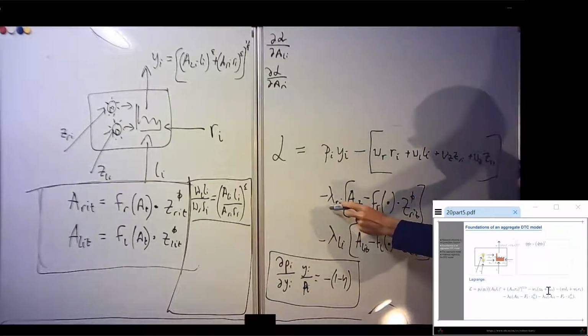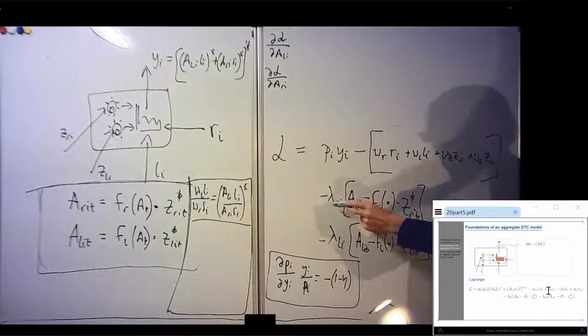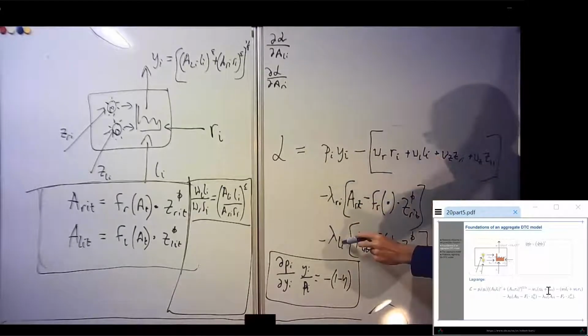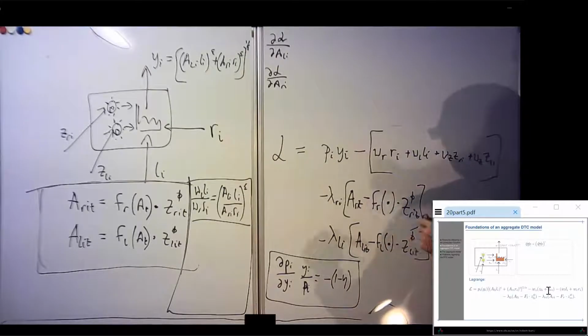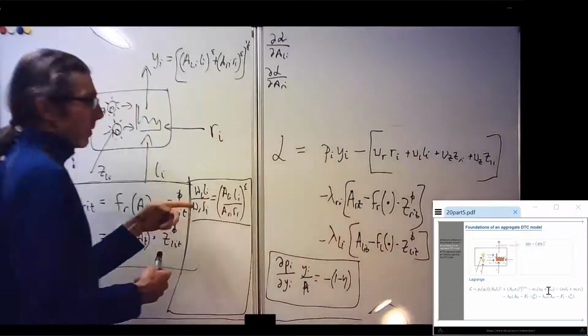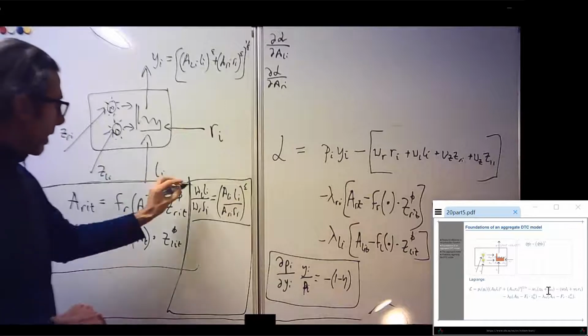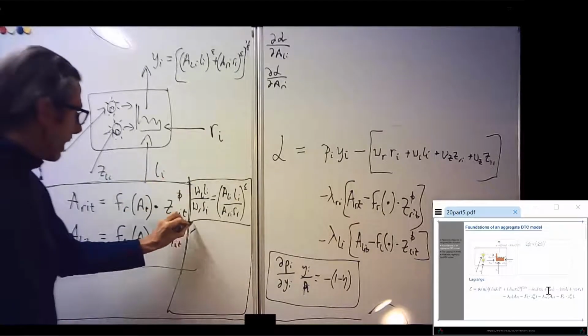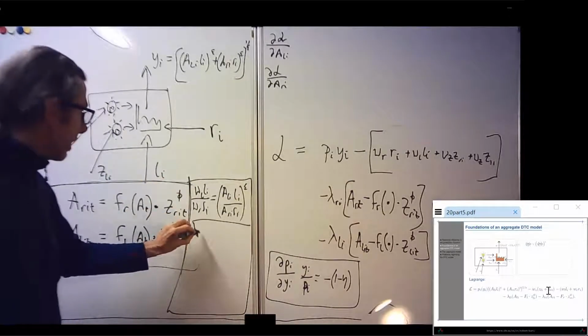Corresponds to lambda R. This is the price, this is the quantity. And w_Li corresponds to lambda L. So it turns out if you think carefully about the symmetry, we can just write down the answer to these first order conditions. Wherever there's a w_L, we put a lambda L or a lambda Li.